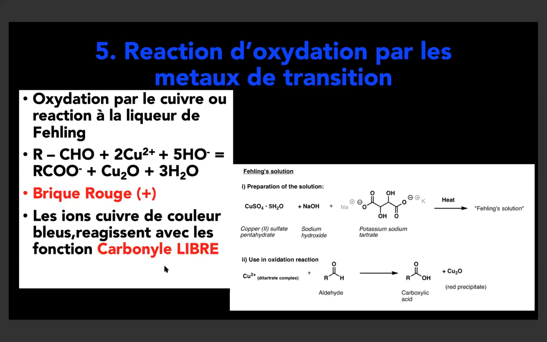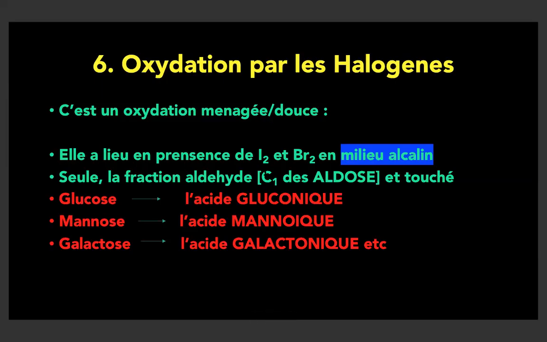Any questions? It's the same principle with halogens. Halogens in alkaline medium, with the carbonyl function free, give these products: gluconic, mannonic, galactonic, and so on. But if it is not free, it is not going to react.